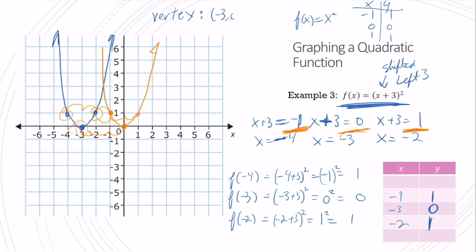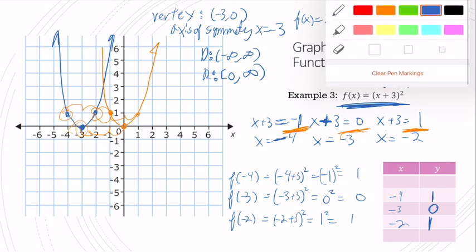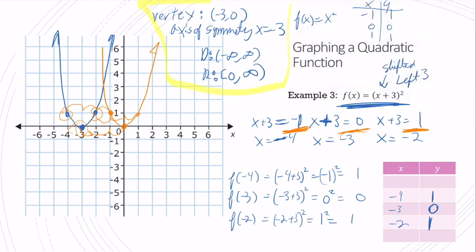Our axis of symmetry is when x is negative 3. Our domain, all real numbers, that never changes. And our range in this example goes from 0 to infinity. So those are important things for us to identify as we are solving these functions.